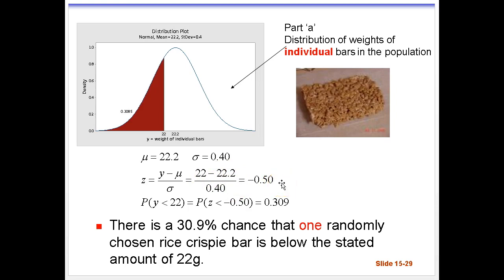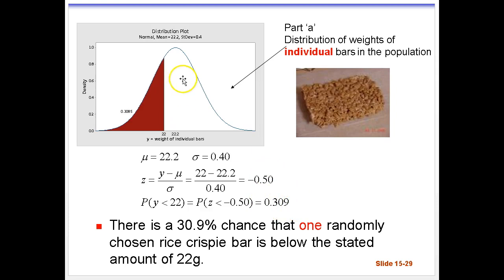And if I didn't have computer technology, I would go into my standard normal distribution tables and I'd find the area to the left of a z-score of negative 0.5. And that answer would be this one right here, which is approximately 0.309.